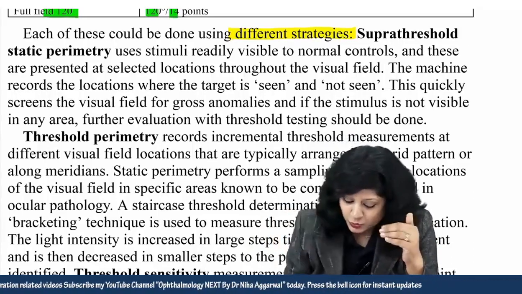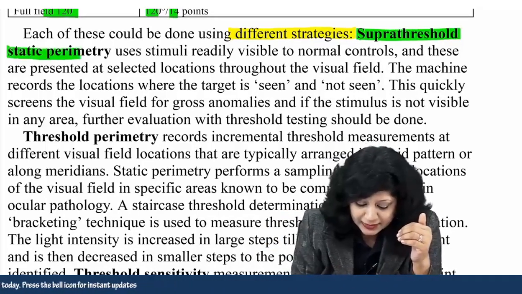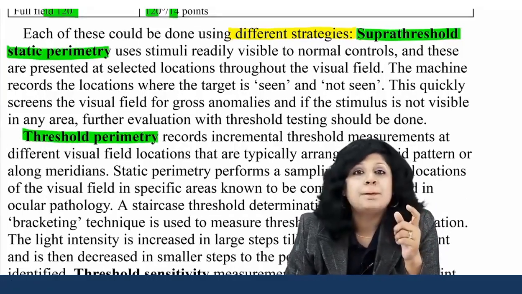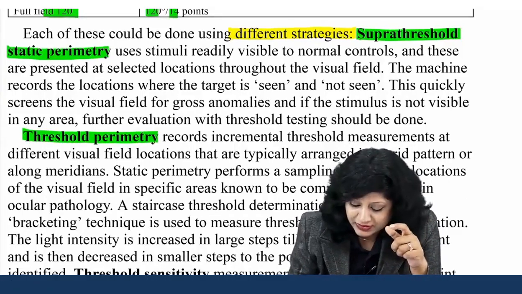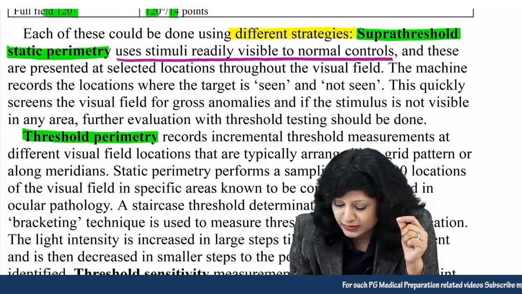So one is the supra threshold static perimetry, and then we also have the threshold perimetry. Supra threshold, now what is this? Supra threshold uses the stimuli readily visible to the normal controls.